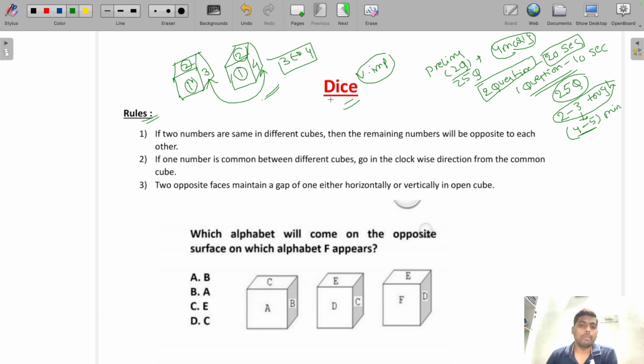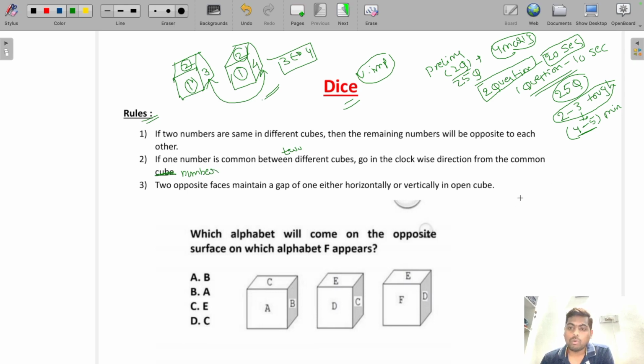Now coming to the next rule. If one number is common between two different cubes, note down here, then go in the clockwise direction from the common number. Sorry guys, there is a small mistake.